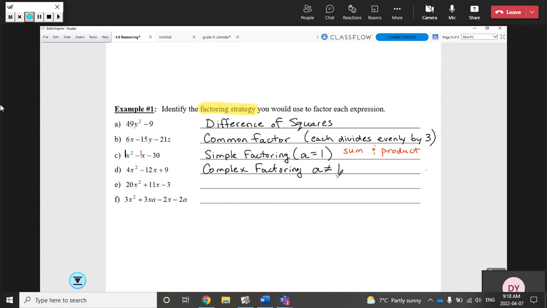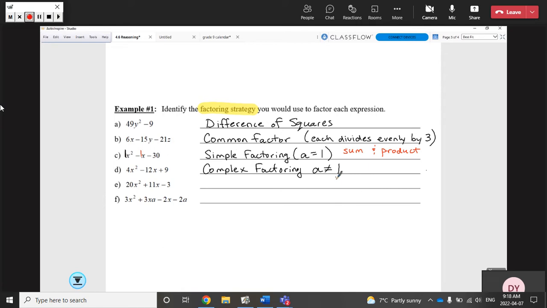Now, I've got to let you know, this is actually what we would call a perfect square trinomial, but at this point in our factoring, I don't really want you to know that. I just want you to factor this as you would a complex, and we will factor this in the next slide and you're going to see how it comes out to play. A is not 1, and it cannot be common factored.